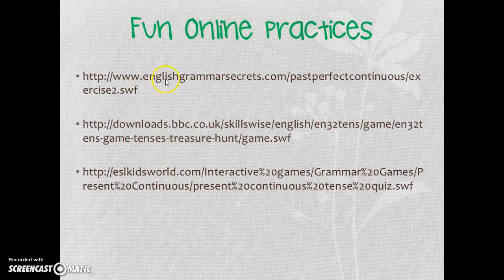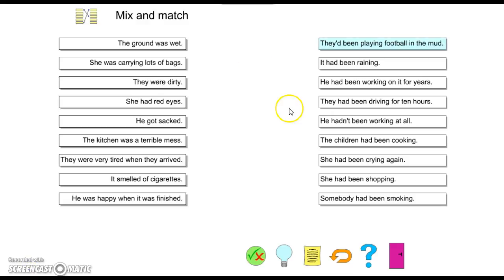Now, I'm going to show you some online practices that you can do or you can show to your students regarding these three tenses. The first activity is related to some tenses that you will have to match with the statements on the left. In this case, it's with the past perfect continuous.